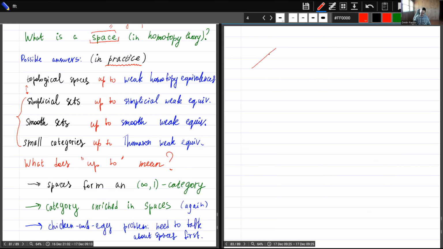So here is a simplicial set, and let me call this X. How do we encode X? X is a contravariant functor from delta up to sets, and I say X of 0.